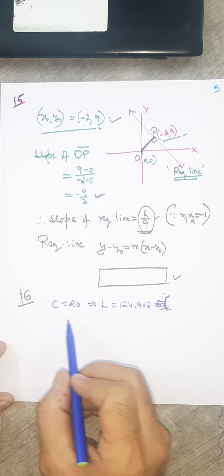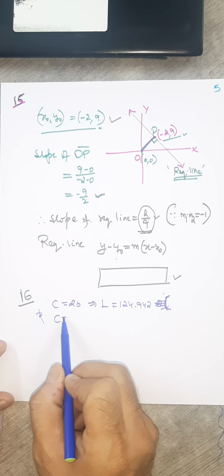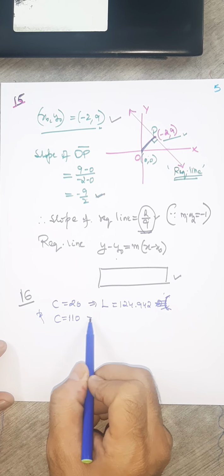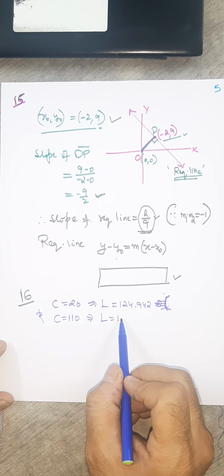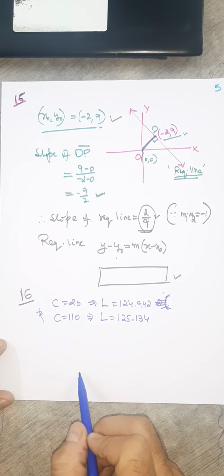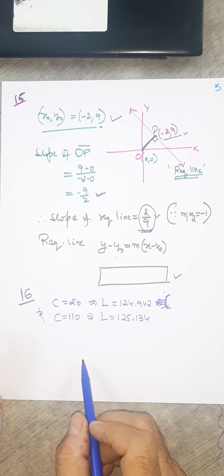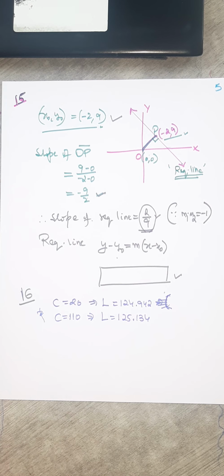Let me write the other information. Next, when C is 110, then what about L? Length would be 125.134. You are given this. What's the question? Express L in terms of C.